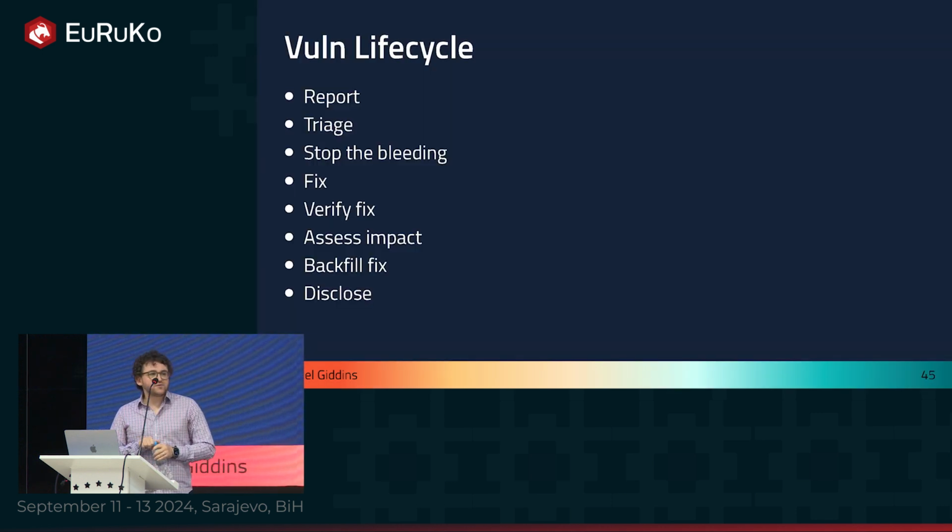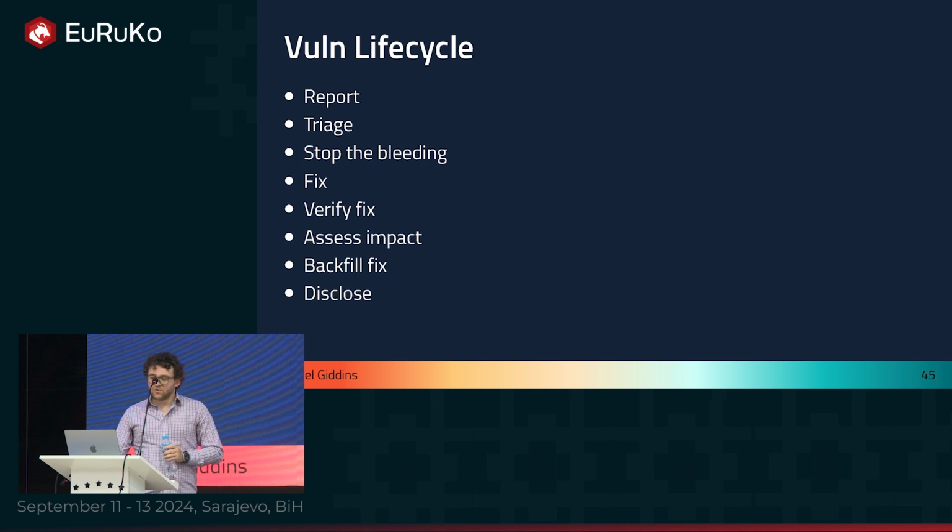And every time there's a vulnerability, we go through this common life cycle. There's a report. Someone tells us and points out that there's an issue. We have to triage the report. Is this true? Is this important? Is this a vulnerability? If so, stop the bleeding, like disable uploading gems or delete the bad thing that someone uploaded.